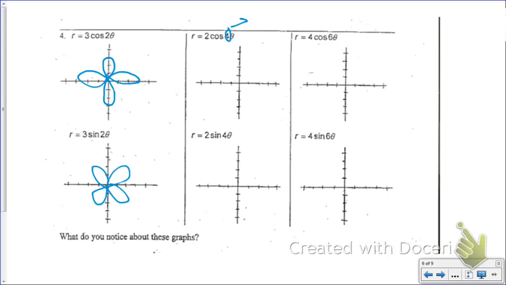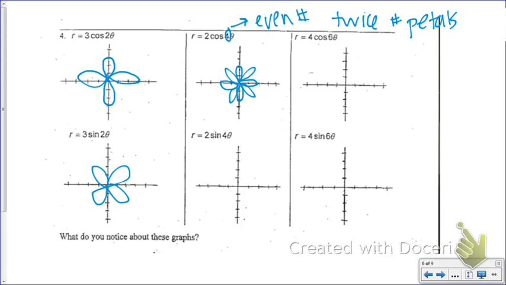So if that number is an even number, then there are twice as many. So in this case there'd be 8, and because it's cosine, one of those is going to be on the line. So we can go ahead and draw the ones that we know are on the line, and then because there's 8, there's going to be some in between.